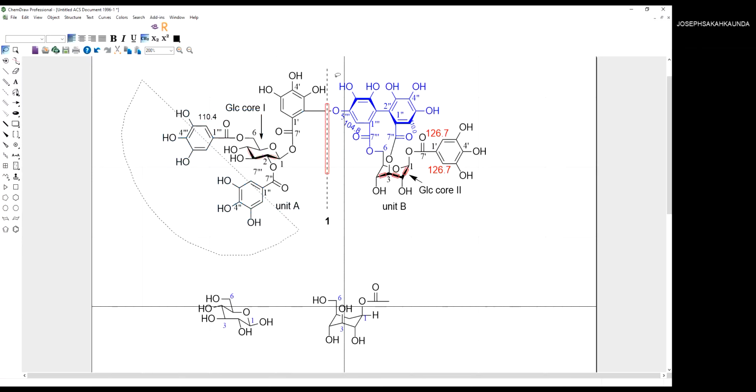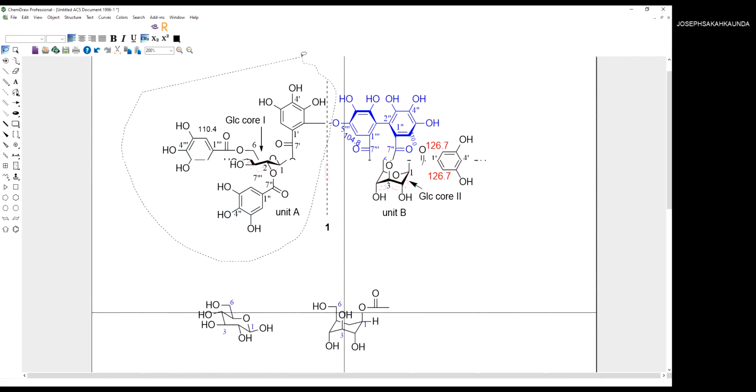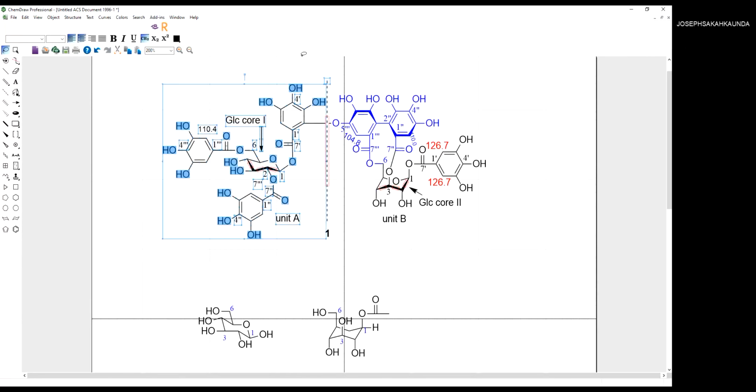We know it. Additionally, for a known compound, the chemical shifts are always, the difference is not much. Even if you use different solvents, run them in NMR, the difference is not much. But there was a significant shift in the carbon chemical shift assignable to this position.